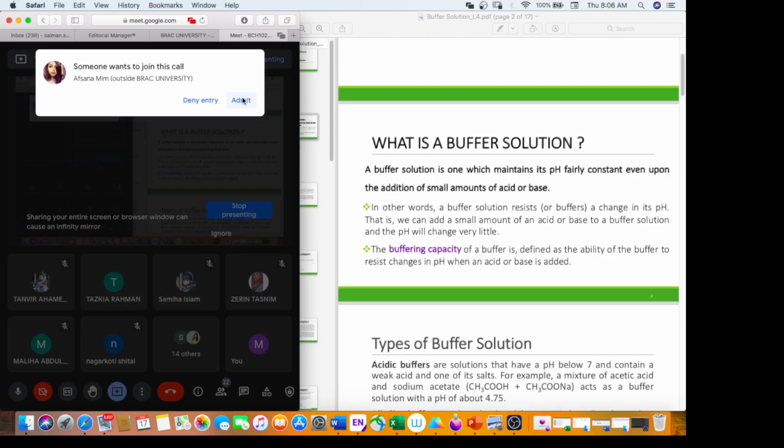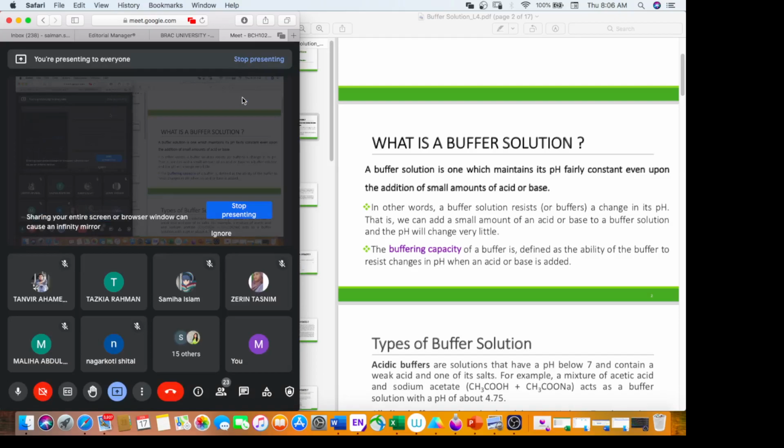Then what is buffering capacity? Sir, it is the ability to resist the change in pH. Okay, the ability of the buffer to resist the change of the pH. So that is buffering capacity. Clear to all? Yes, sir.